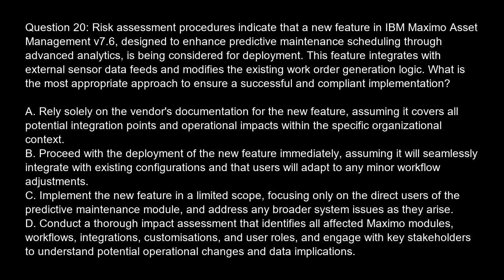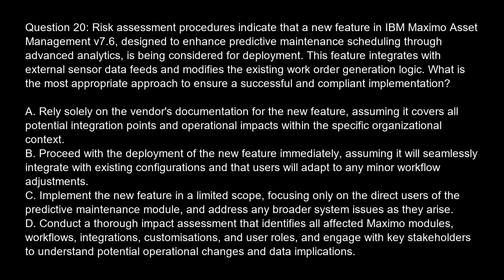Option A. Rely solely on the vendor's documentation for the new feature, assuming it covers all potential integration points and operational impacts within the specific organizational context. Option B. Proceed with the deployment of the new feature immediately, assuming it will seamlessly integrate with existing configurations and that users will adapt to any minor workflow adjustments.